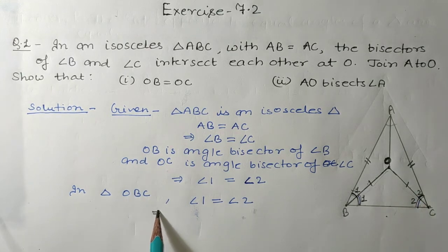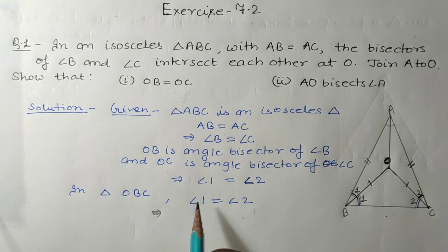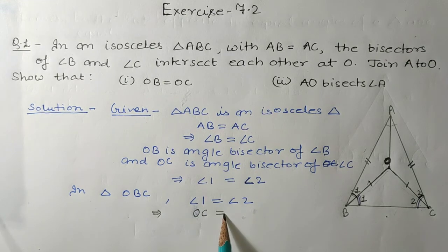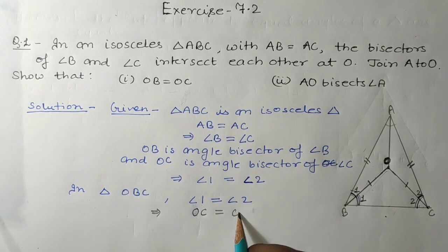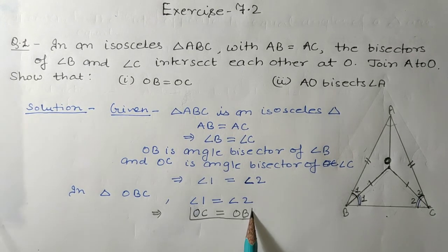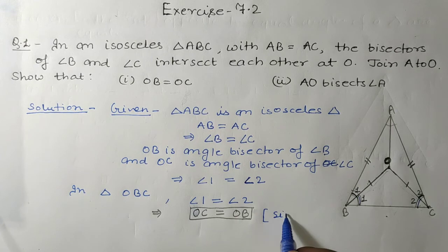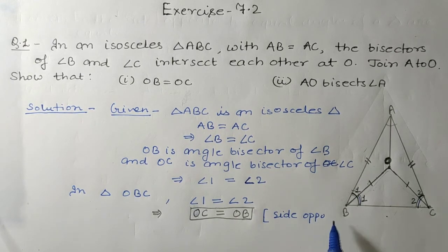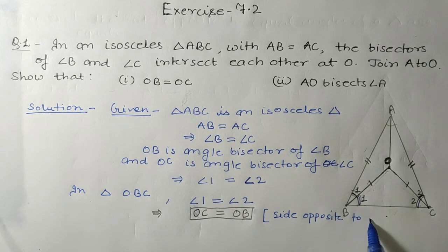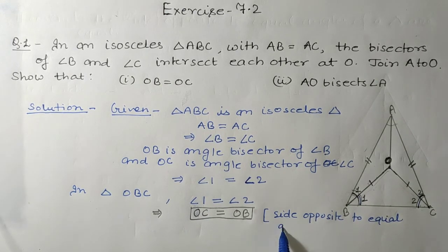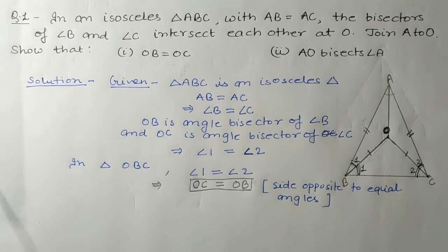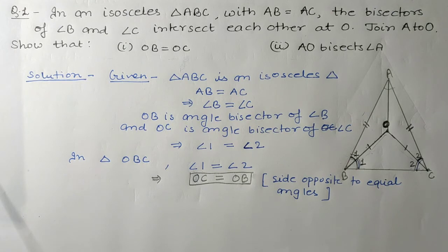So the side opposite to angle 1 is the side OC, and the side opposite to angle 2 is the side OB. So this is the first part that we have to prove. What reason will we write? We'll write here the reason: sides opposite to equal angles. This theorem we have studied, na? Sides opposite to equal angles are equal.